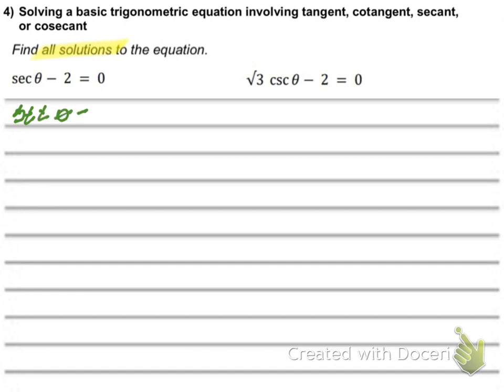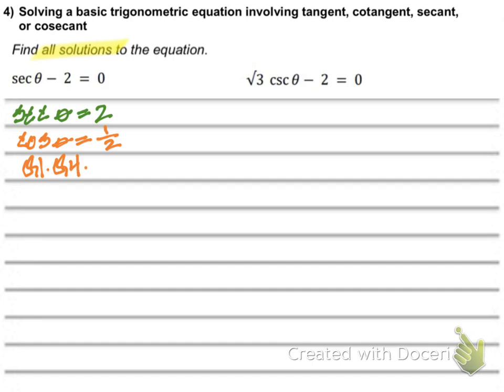So secant theta is 2. That means that the cosine of theta must be 1/2. Cosine is positive on the right-hand side, right? So that's quadrant 1 and quadrant 4.